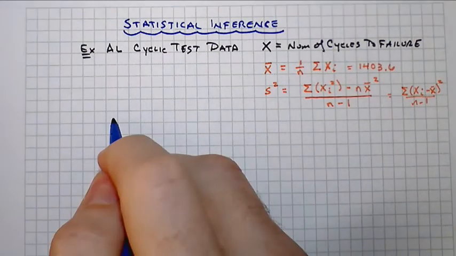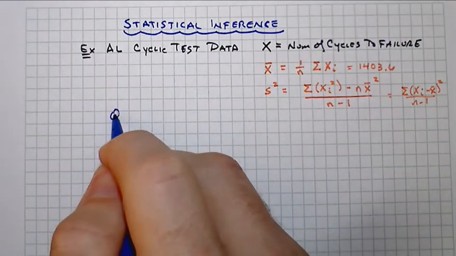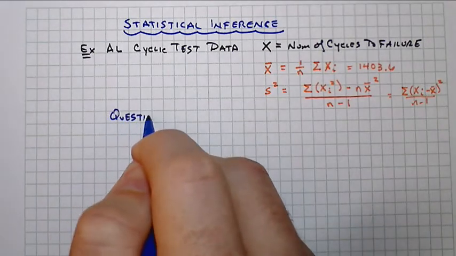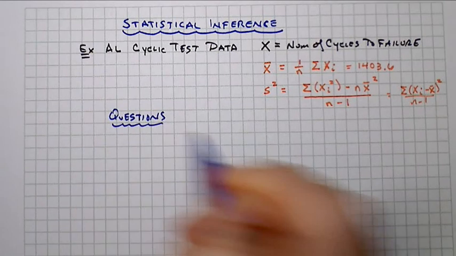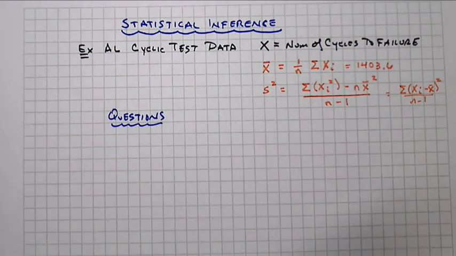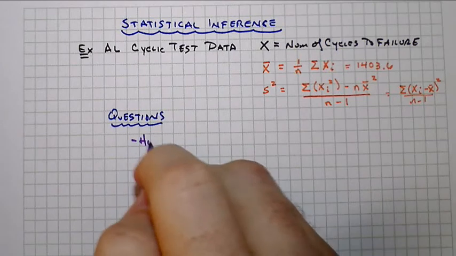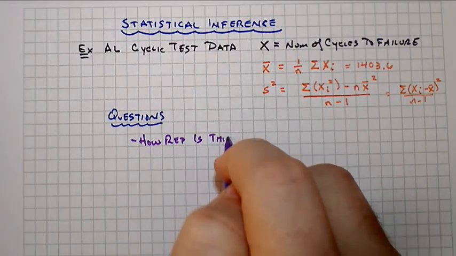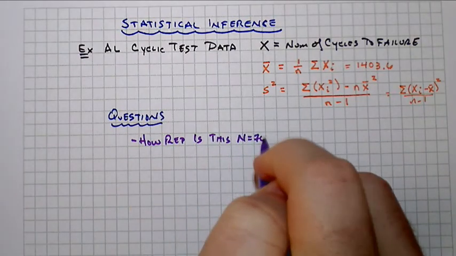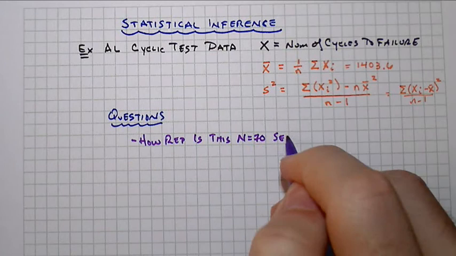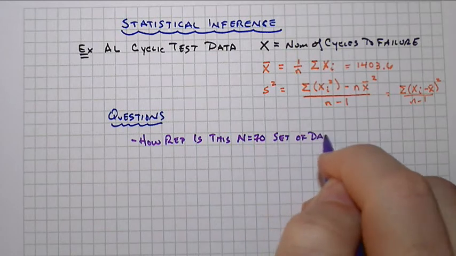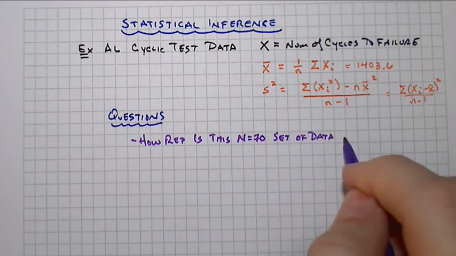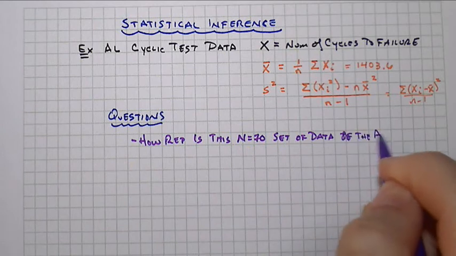Out of this arises a number of questions for which we are going to be interested in the answers, such as how representative is this n equal to 70 set of data of the actual population.